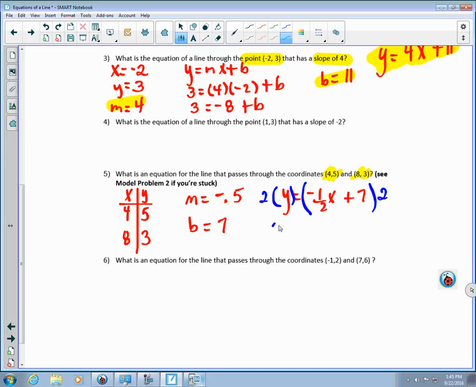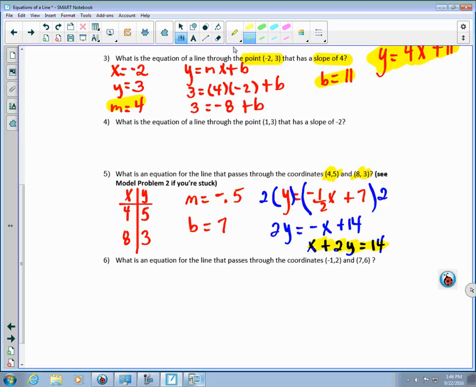So 2 times y, 2y. What is negative 1/2 times 2? Negative x. And what is 7 times 2? 14. And now I got to add an x? Yes? All right, so when I add an x, what's my equation? X plus 2y equals 14. Very good. Good job.